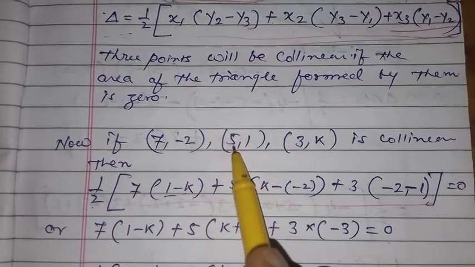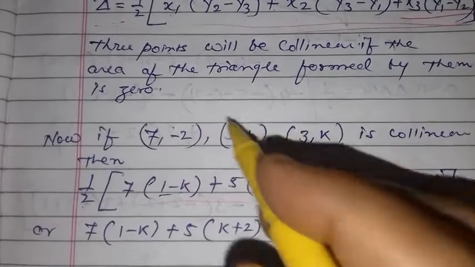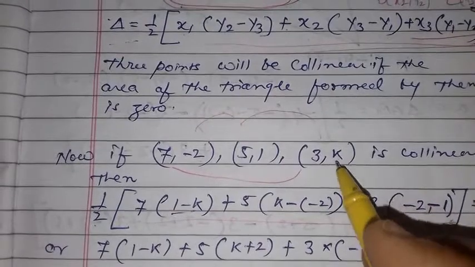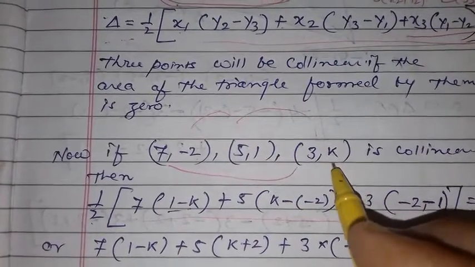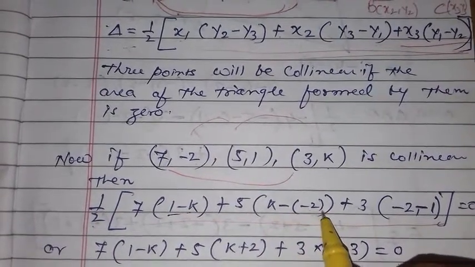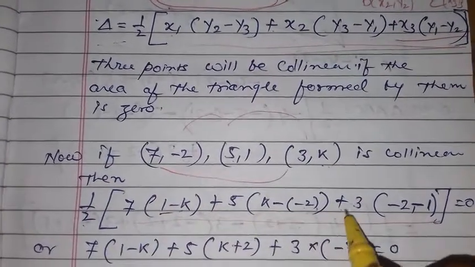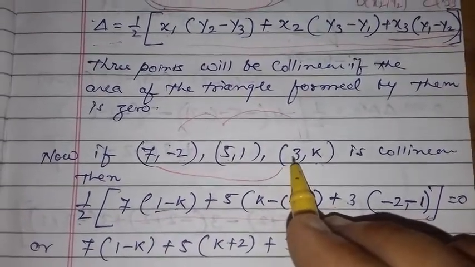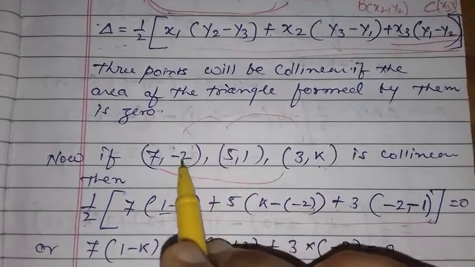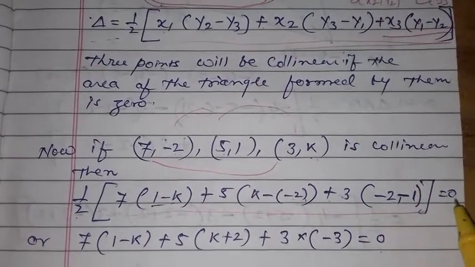Then 5, and from the other 2 points we take y: k minus (-2), so k plus 2. Then plus 3, and from the next 2 points, y: (-2 minus 1), so 3 into (-2 minus 1), and that is equal to 0 because the points are collinear.